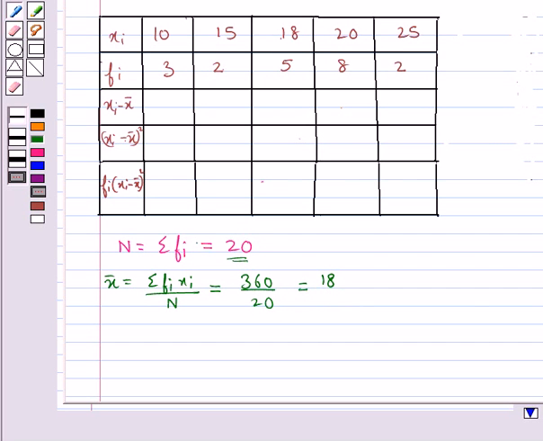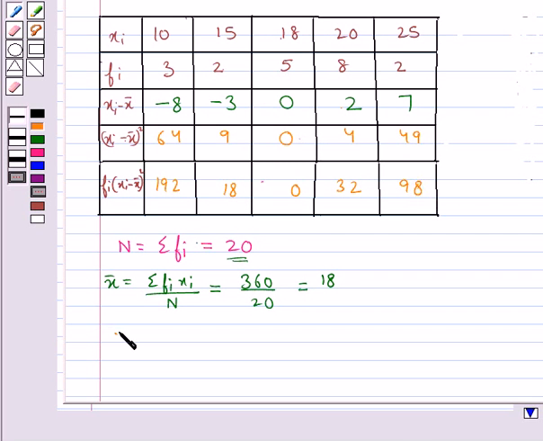Now the values xi minus x bar, we have minus 8, minus 3, 0, 2, 7. Xi minus x bar the whole square, the values are 64, 9, 0, 4, 49. Then fi into xi minus x bar the whole square, we get the values 192, 18, 0, 32, 98.